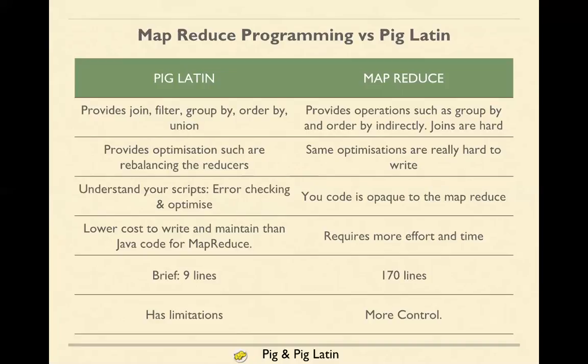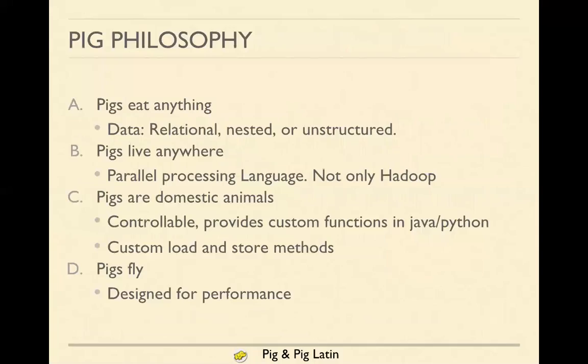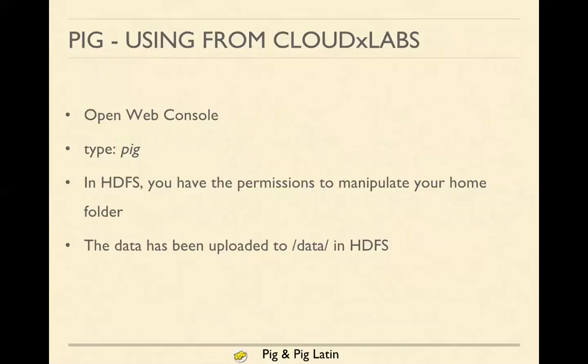So Pig Latin makes life really easier. The use case of Pig is ETL. You can do a lot of research quickly on data and do iterative processing and batch processing. The philosophy is it can handle any kind of data, it can work on any kind of machine, it can be customized and configured, and it is designed for performance.